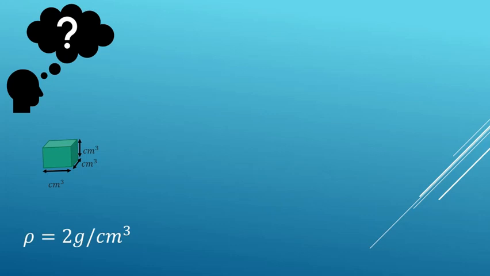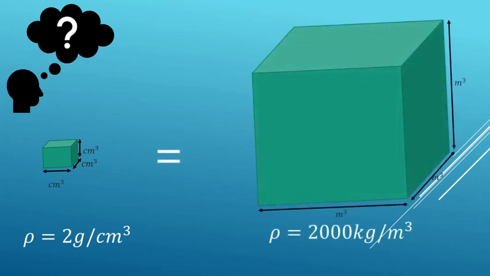Because the units are centimeters and grams, it must be small and light, right? But if I think about kilograms and meters, it must be a huge box, right? So this is what I did. We converted 2 grams per cubic centimeter to kilograms per cubic meter. So I'm not talking about a small box. I'm talking about a big box, and this is heavy, if I think about the dimensions as kilograms and meters. That's what I meant in the previous video.